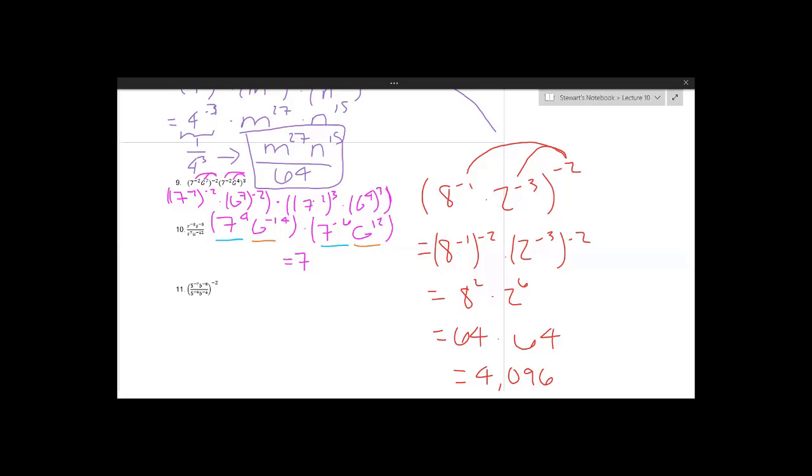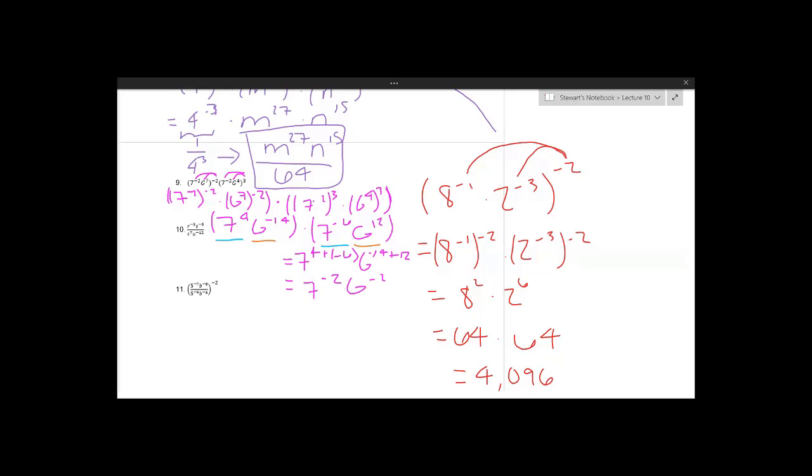So we have 7 to the 4 plus negative 6, and then we multiply that by G to the negative 14 plus 12. 4 plus negative 6 is negative 2, so we have 7 to the negative second, and then negative 14 plus 12 is also negative 2, so we have G to the negative second.